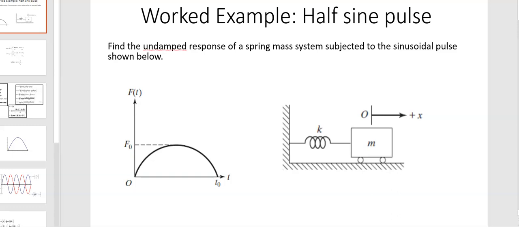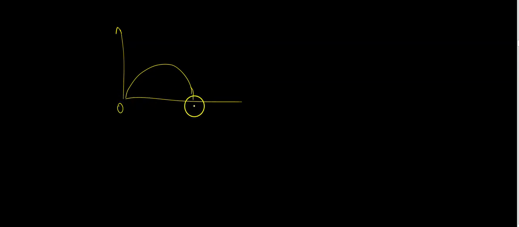Well, what we saw when we dealt with the Laplace transform, for this sine pulse, which only varies between 0 and t naught, was a solution for x(t) where t was less than or equal to t naught and greater than or equal to 0, which was the solution in this region here.